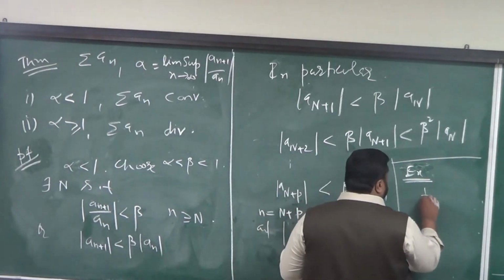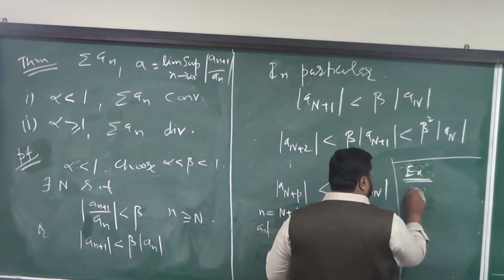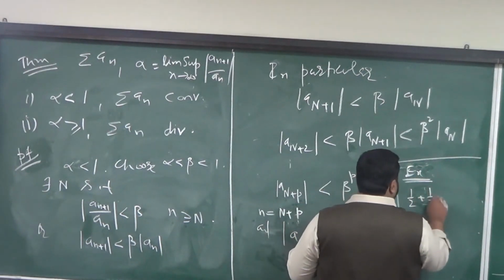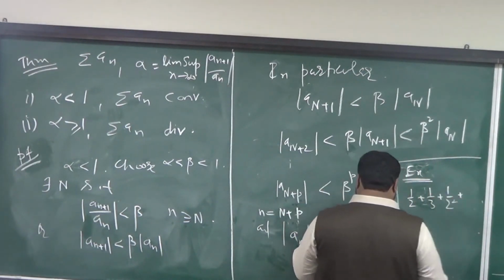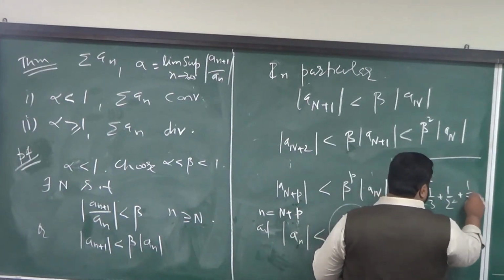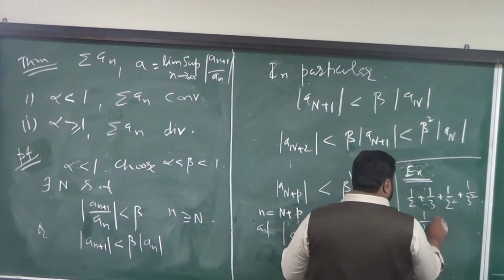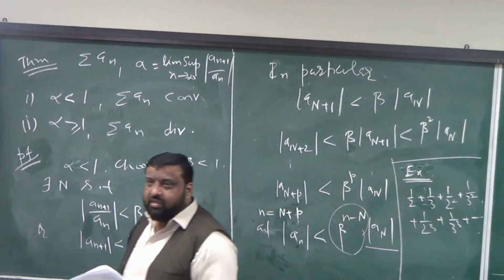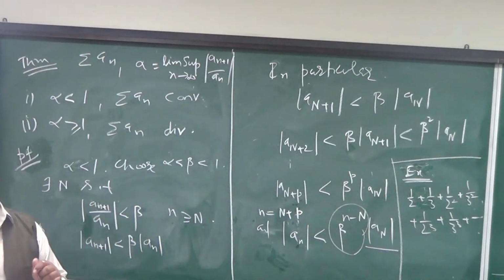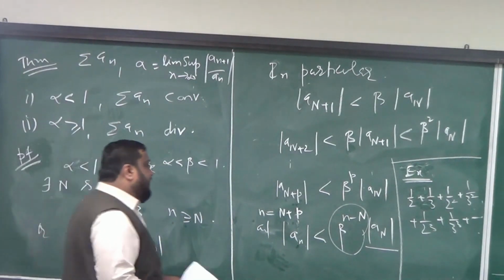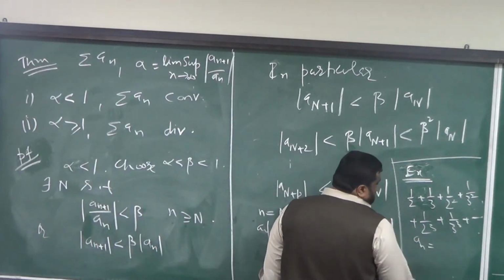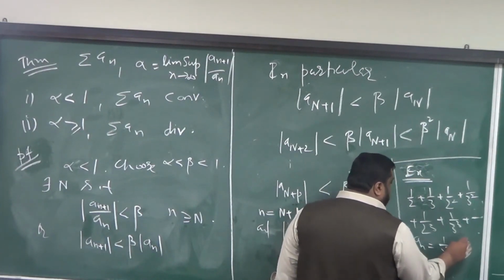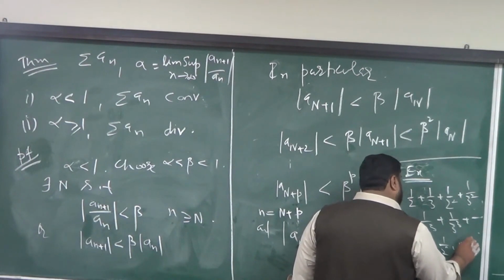Consider this series: 1 over 2 plus 1 over 3 plus 1 over 2 square plus 1 over 3 square plus 1 over 2 cube plus 1 over 3 cube plus so on. So it's a series that doesn't have a fixed form, but you can have an a_n. So what would be the a_n for this series? It would be b_n plus c_n, 1 over 2 raised to n plus 1 over 3 raised to n. Agree?